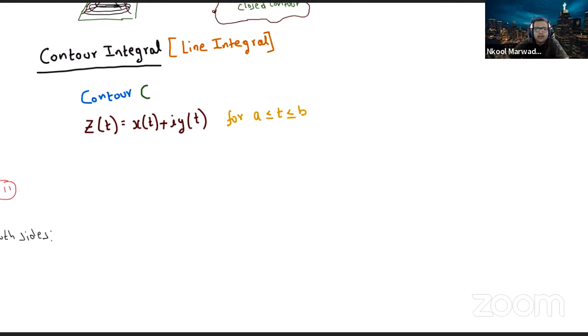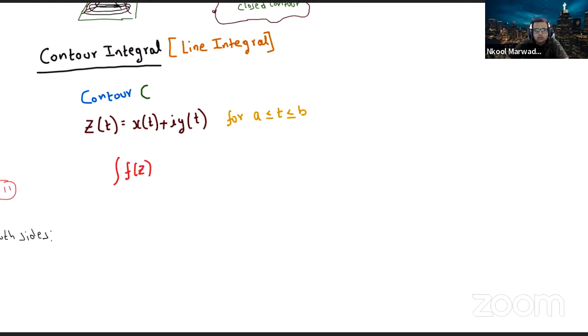Now the line integral or the contour integral, what is it? It is basically the integration of the function f of z along dz.